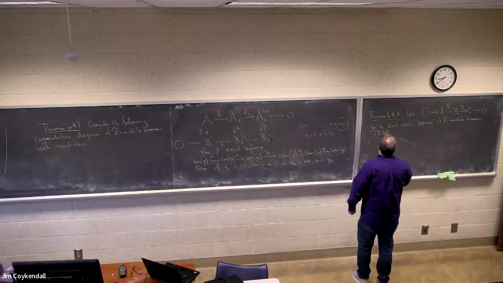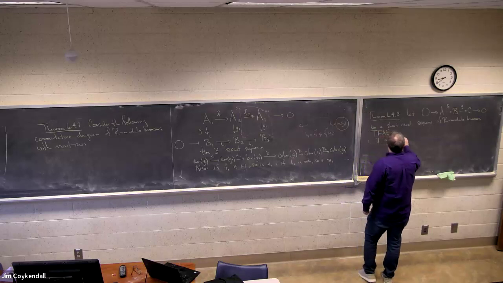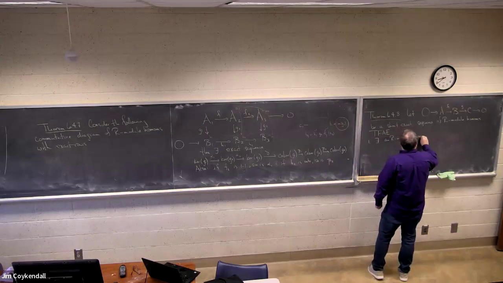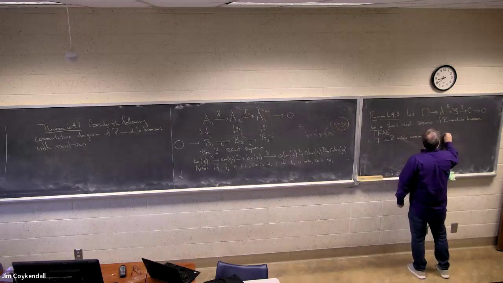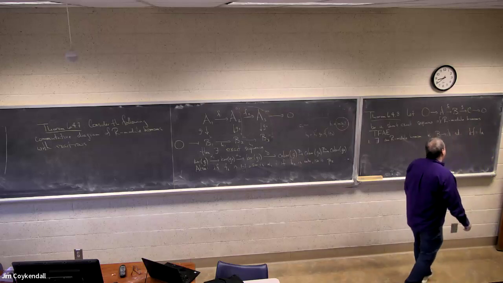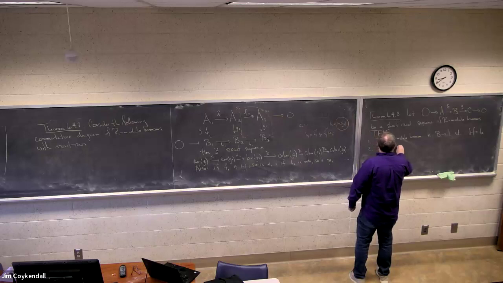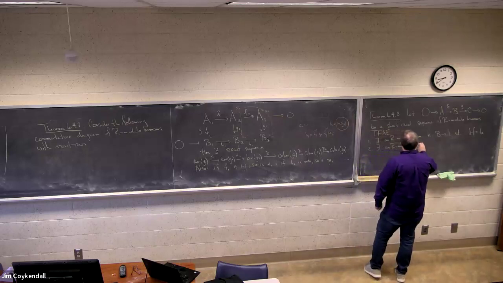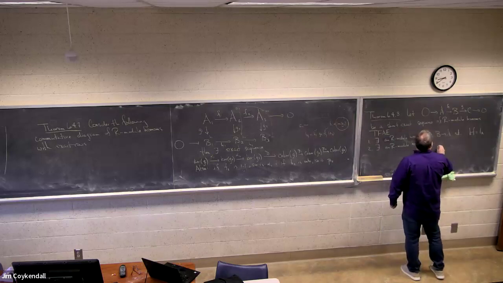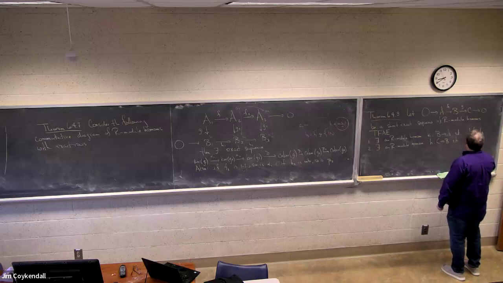Number one, there exists an R-module homomorphism, let's call it K, from B to A, such that when you do F and then you do K, you get the identity function on A. Number two, there exists an R-module homomorphism H, let's say from C to B, such that when you do H and then G, you get the identity on C.